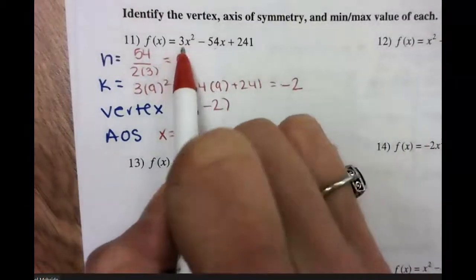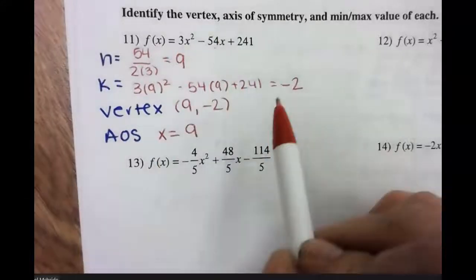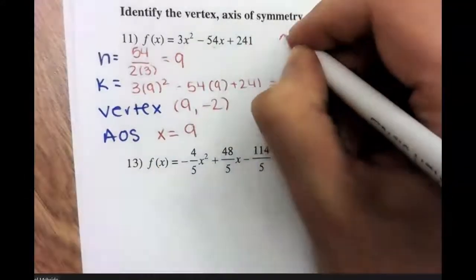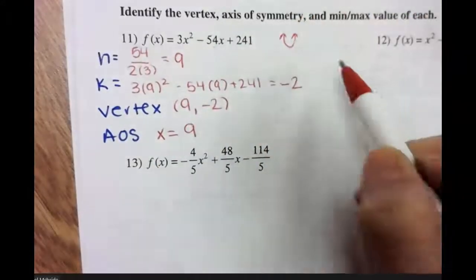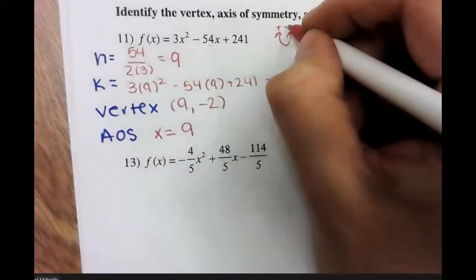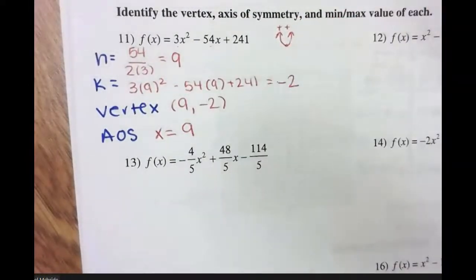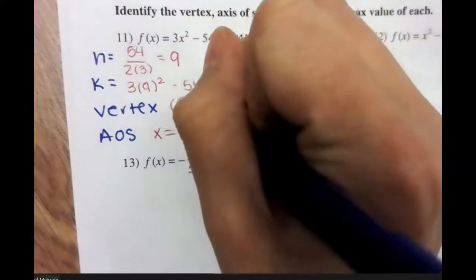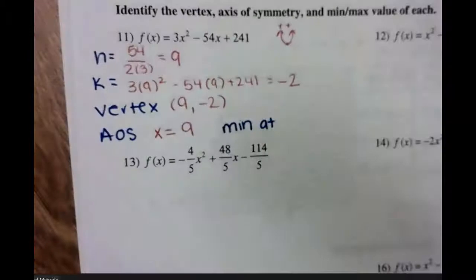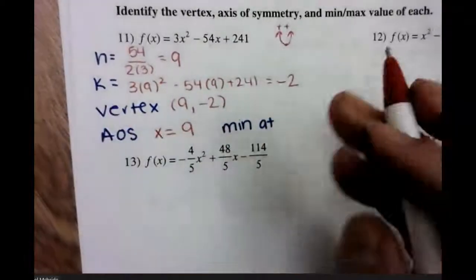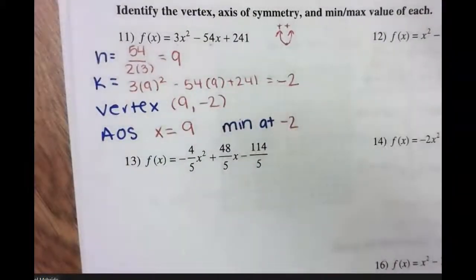My A value is positive, so my graph opens up. So if a graph opens up, then it has a min, and my min value is always at my K, so -2.